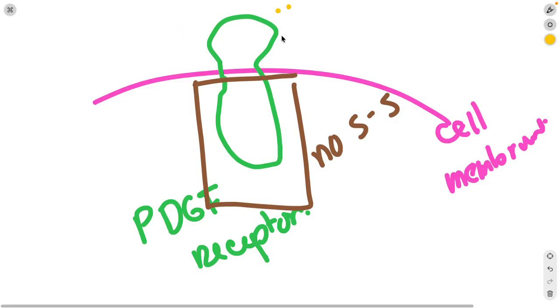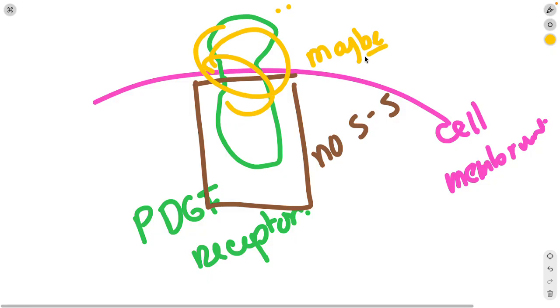I don't know why my pen is not working up that high. So maybe outside. That is just the case for those proteins: for a receptor, a transmembrane protein, disulfide bonds on the outside of the cell can help fold the protein and hold it together, but not on the inside.